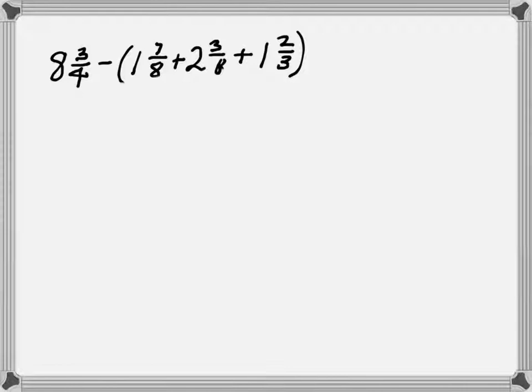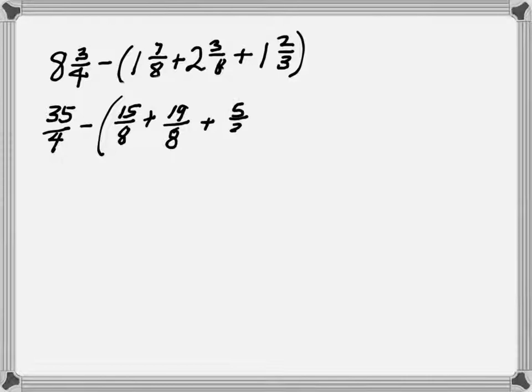4 times 8 plus 3, 35/4, minus 1 and 7/8 as an improper fraction, 15/8. 2 and 3/8 is an improper fraction, 19/8, which combine nicely because they've got the denominators the same. 1 and 2/3, 5/3.